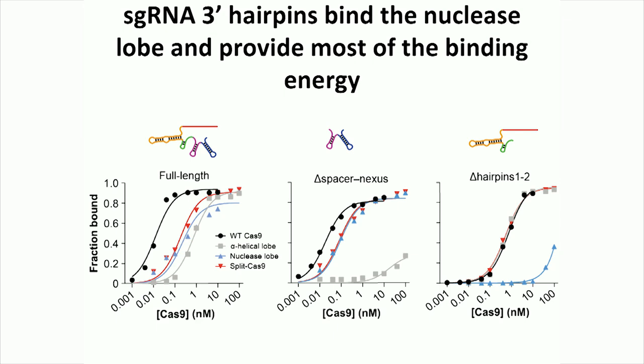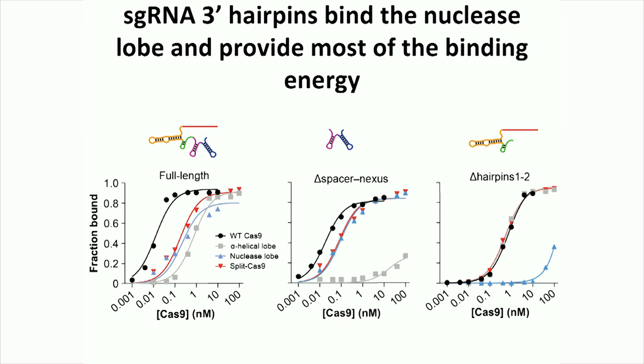So if we use just the 3' end of the guide RNA that lacks the target recognition sequence, that actually interacts nicely with the wild type and the nuclease lobe of the protein, but really doesn't bind much at all to the alpha helical lobe.